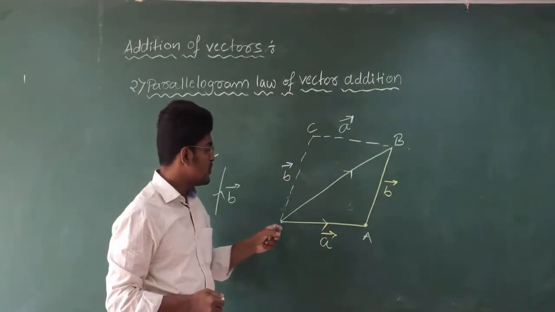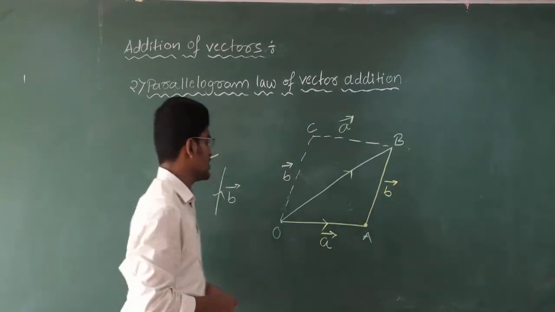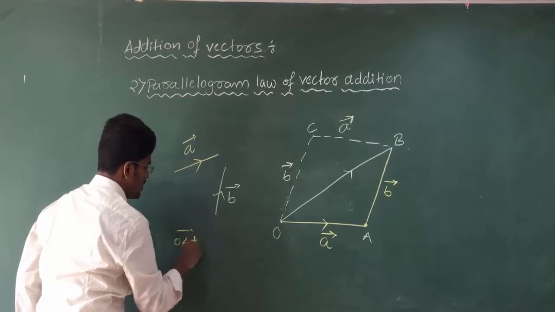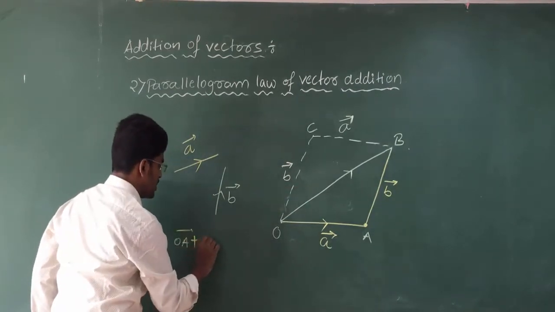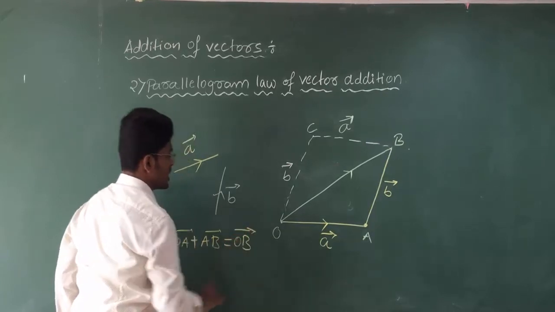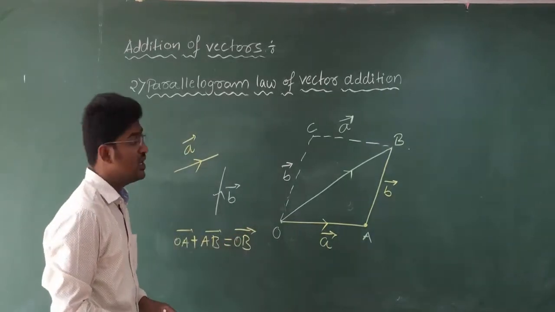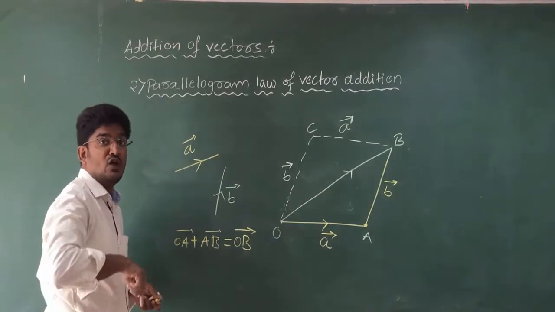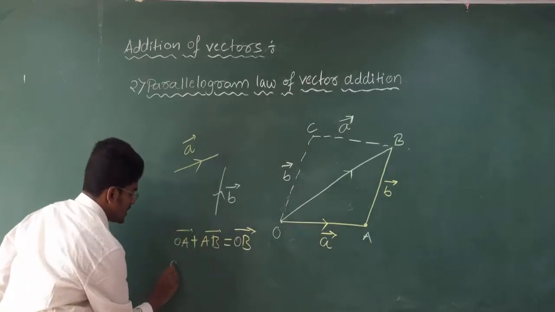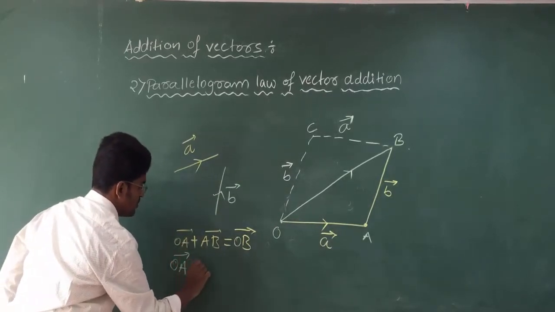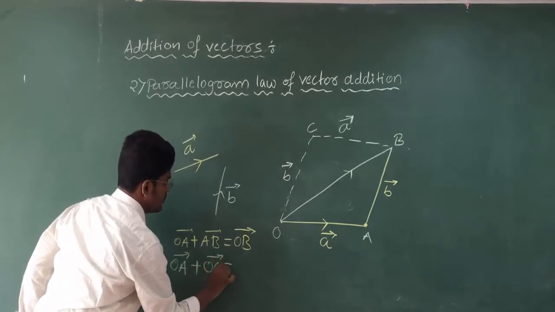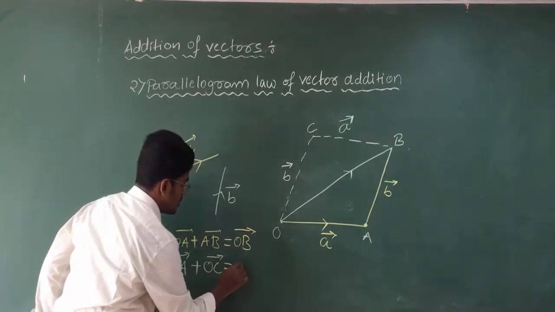So now if I want to find OB, you can write it as, see here, OA plus AB will be equal to OB by the triangular law of vector addition. If you want to write it from the parallelogram law of vector addition, see here, this is A, this is B, that is OA plus OC will be equal to OB.